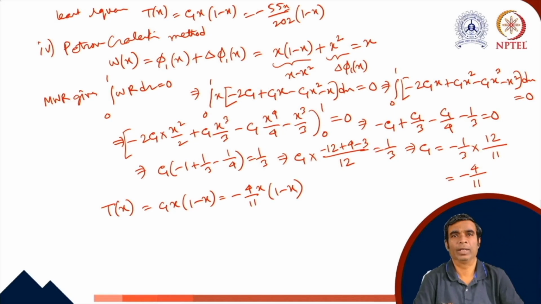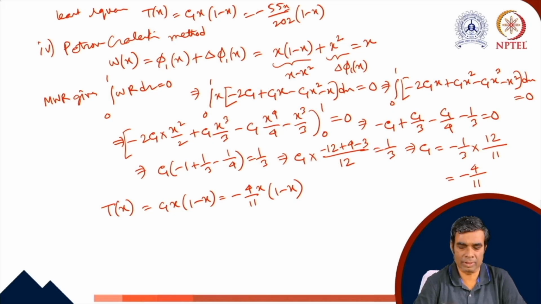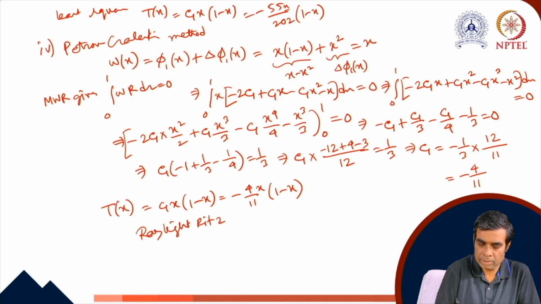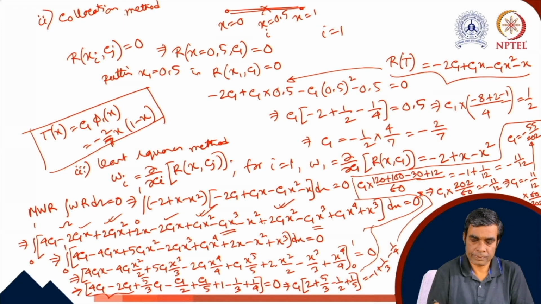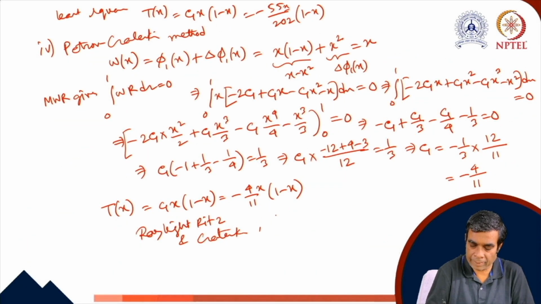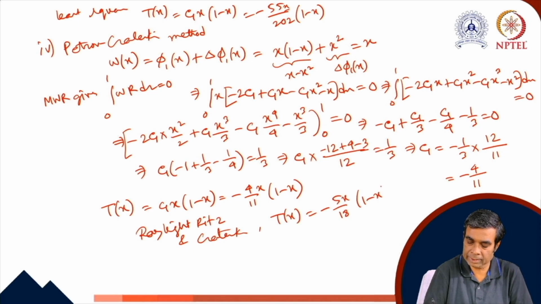So we have the solution from the Rayleigh-Ritz method and the remaining 4 MWR methods, and we got different solutions. So here we can summarize the solutions. For Rayleigh-Ritz and Galerkin, we got Tx equals to minus 5 by 18, 5x into 1 minus x.